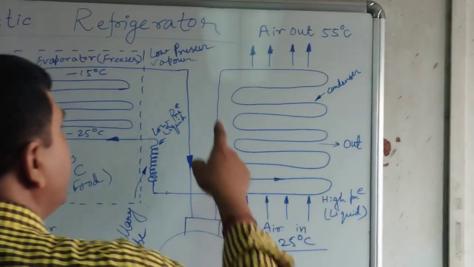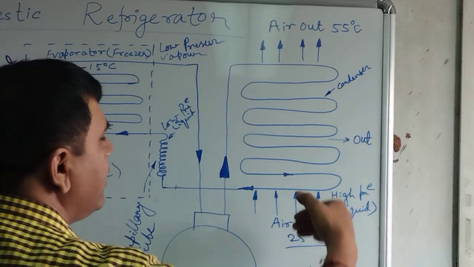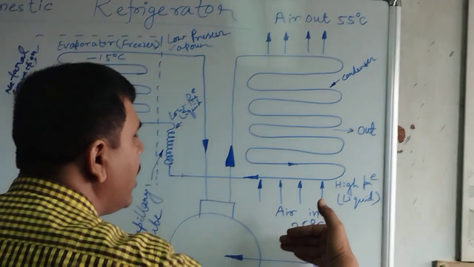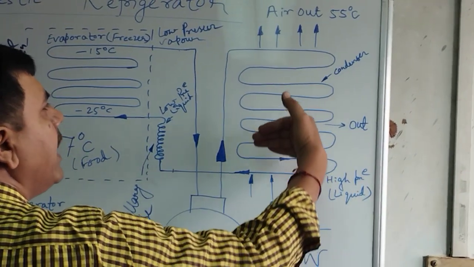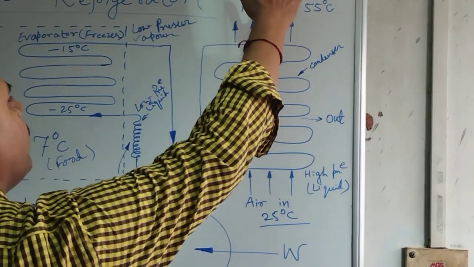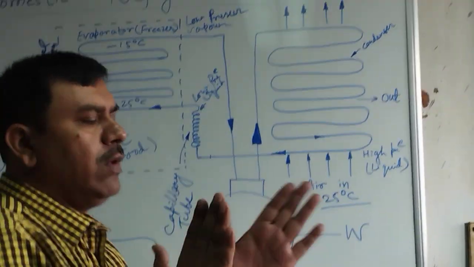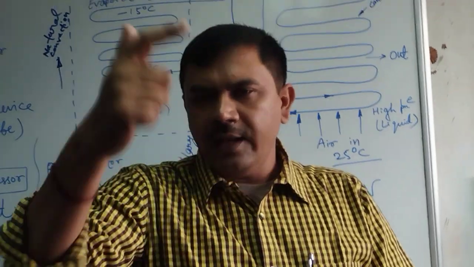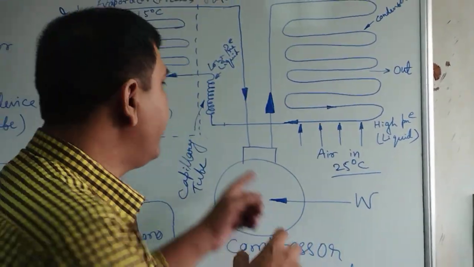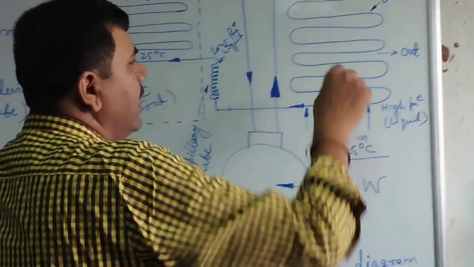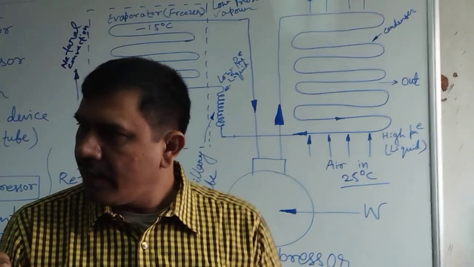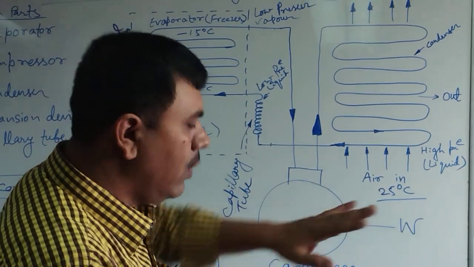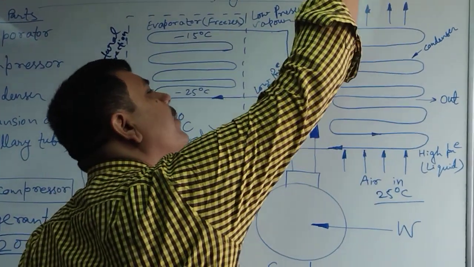When compressed, it goes to the condenser, where natural convection occurs and 25 degrees Celsius air comes in contact. The condenser has fins or a plate type, and the tubes are welded or connected to the plate.